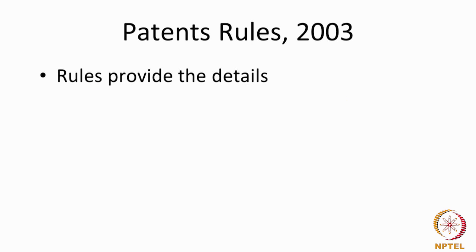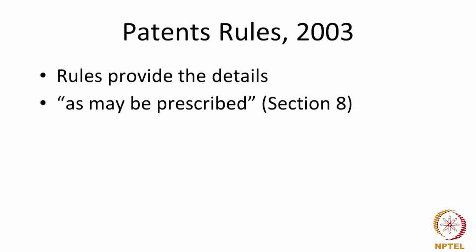As I mentioned before, the rules provide the details. For instance, if you take section 8 of the Patents Act, section 8 deals with information and undertaking regarding foreign applications. You will find in some places the act says, and I am reading from section 8 subsection 2 towards the end, "in that event the applicants shall furnish to the controller information available to him within such period as may be prescribed."